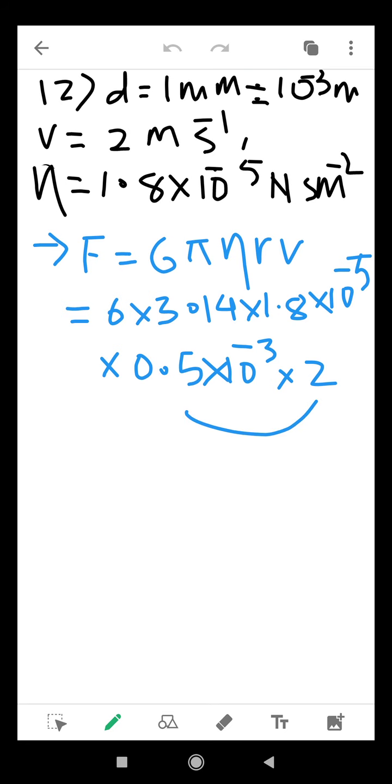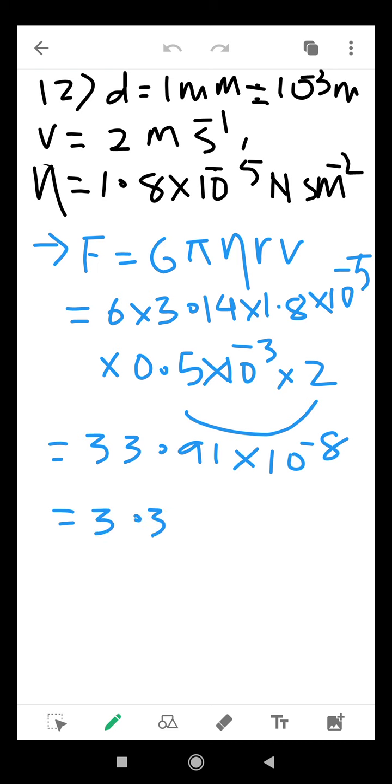When you multiply 2 and 0.5 will be 1, so you have to multiply 6 into 3.14 into 1.8. So when you multiply all these quantities, this turns out to be 33.91 into 10 to the power minus 8, or you can write 3.391 into 10 to the power minus 7 Newton. So this is the answer for question number 12.